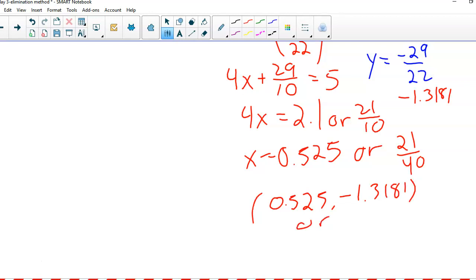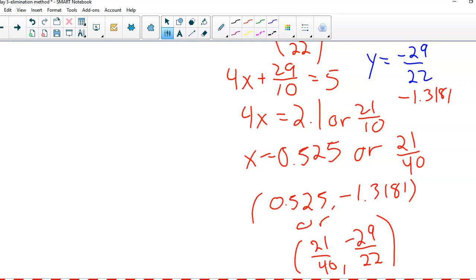Or as your fractions, 21 over 40 and negative 29 over 22. Either one of those. Just don't mix and match.